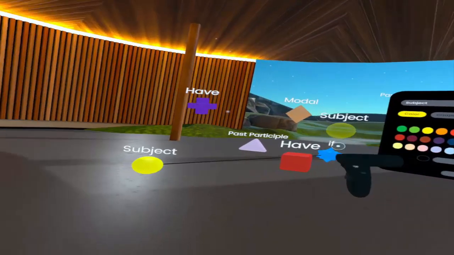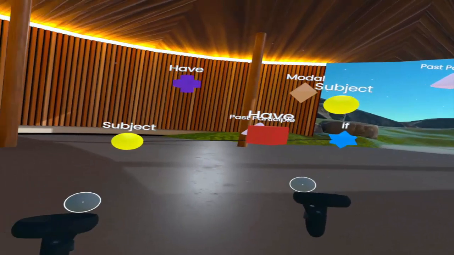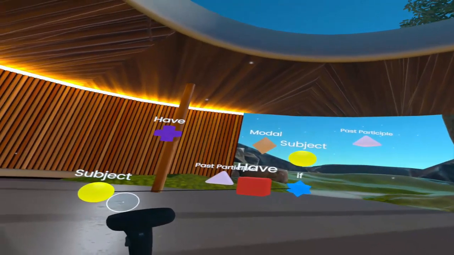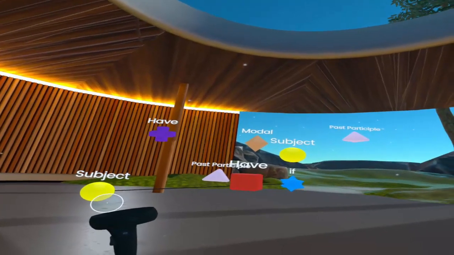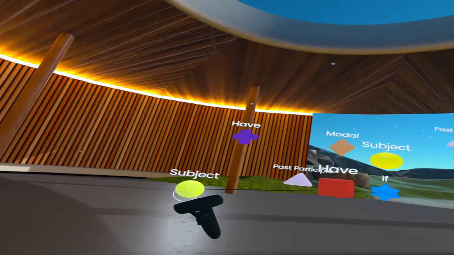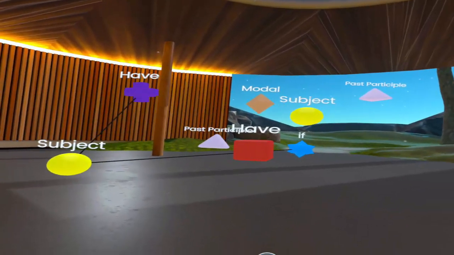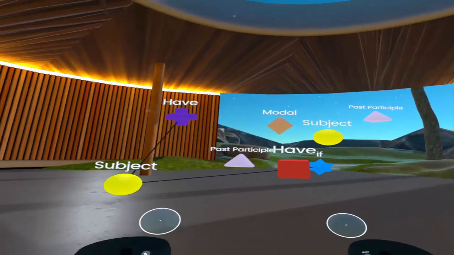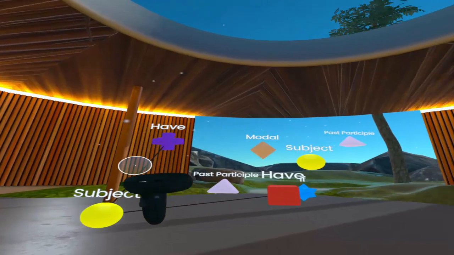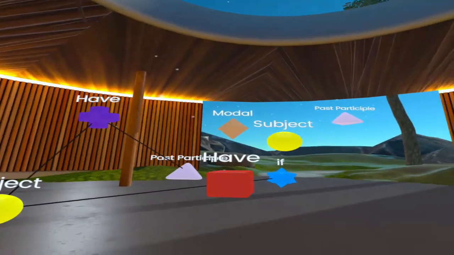And coming back to what I said before, I didn't have subject as the yellow sphere, I had it as a different shape. So I've just corrected that right now in real time. And just to, again, let's say attribute certain shapes and colours to particular verb forms or components of the language is, again, potentially an important way of trying to embed visually components of the language into the student's mind without confusing them.